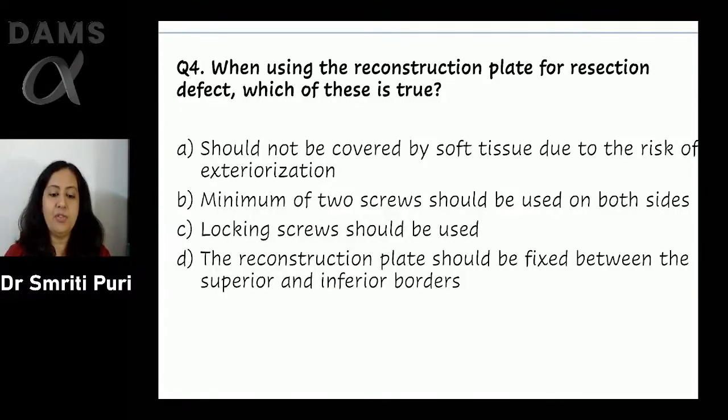B, minimum of 2 screws should be used on both sides. C, locking screws should be used. D, the reconstruction plate should be fixed between the superior and inferior borders. So what would be the answer here? I want all of you to answer, even if you do not know the answer, please answer.